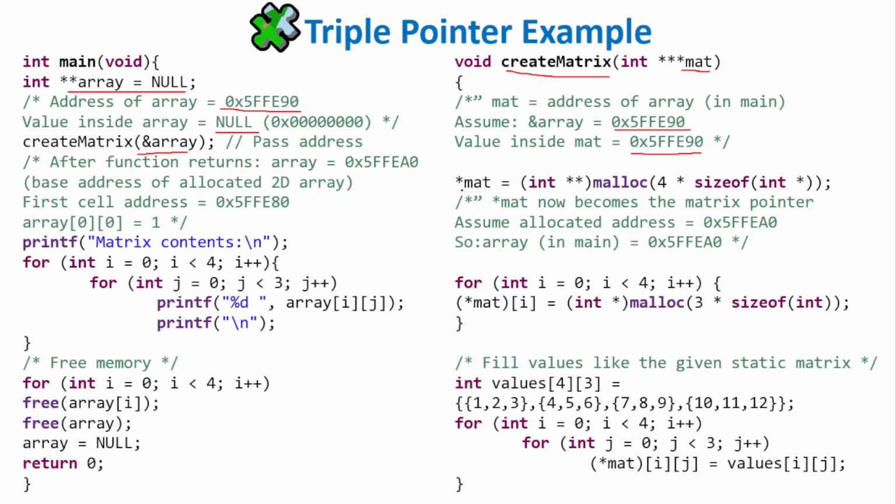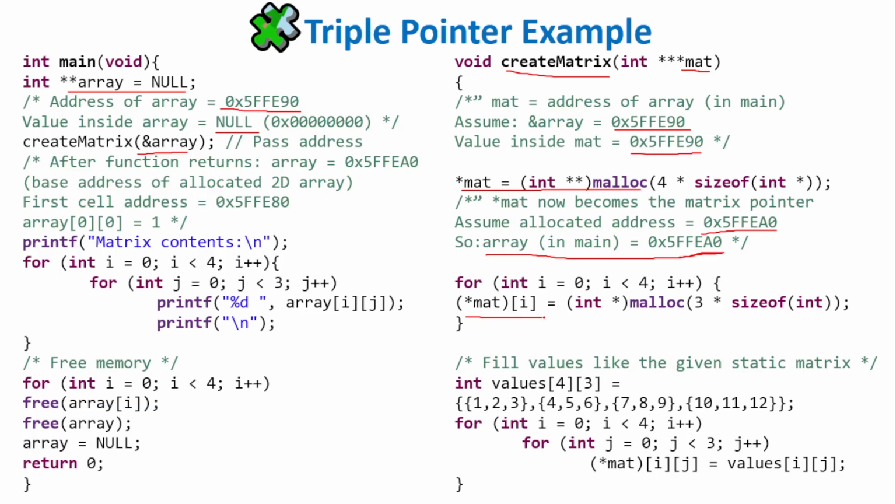Inside the function, the statement *mate = (int**)malloc allocates memory for the outer array that holds 4 row pointers, and we assume the allocated block begins at 5FFEA0. Therefore, the value stored inside array becomes 5FFEA0, which is the base address of the one-dimensional pointer array representing the matrix rows. Then inside the loop, each element *mate[i] is assigned its own allocated row.